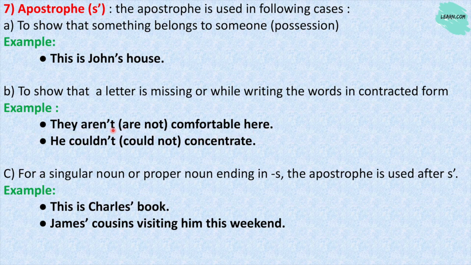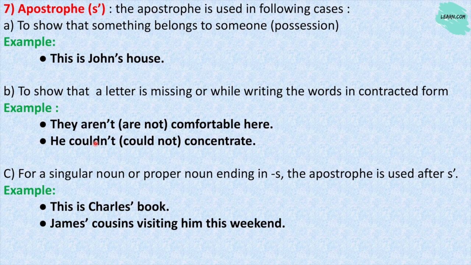Actually this word aren't is are not. So instead of writing are not, we are contracting it, writing it in a contracted form. So we are using the apostrophe here. He couldn't concentrate. Couldn't here means could not. So while writing contracted forms, we use the apostrophe.